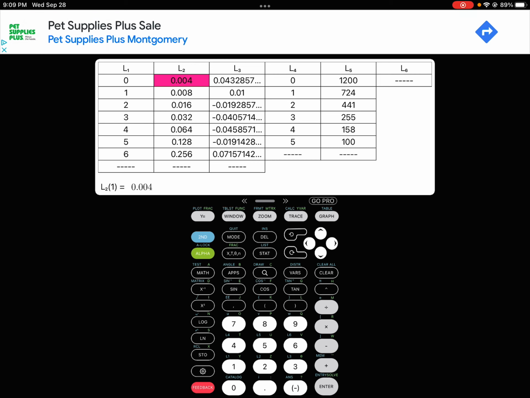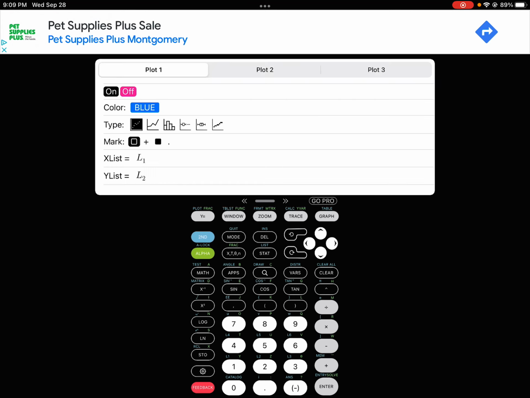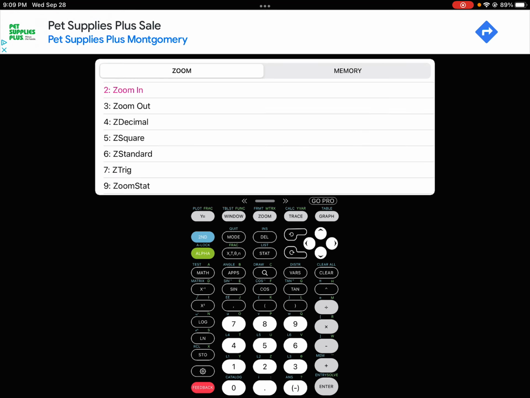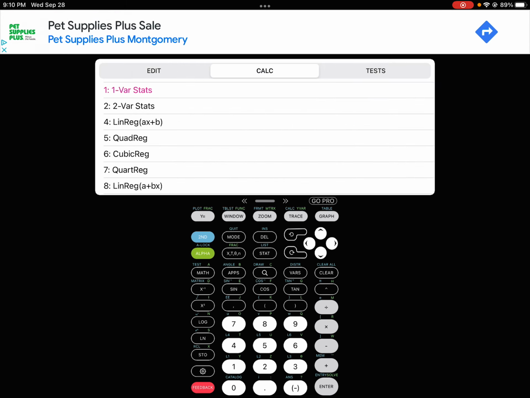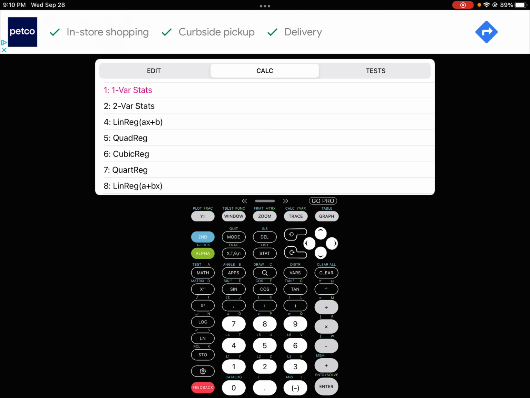I'm going to take my original data. And what I saw was that in my original data, my blue dots there were not linear. So if I go stat calc, you can see that option 8 was the one that we used, but we also have an option 5. We have an option 6, a quadratic regression, a cubic regression, a quartic regression.